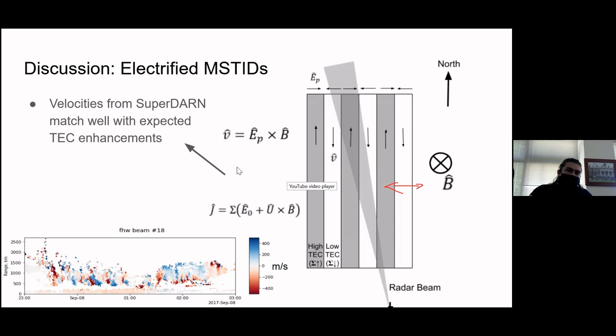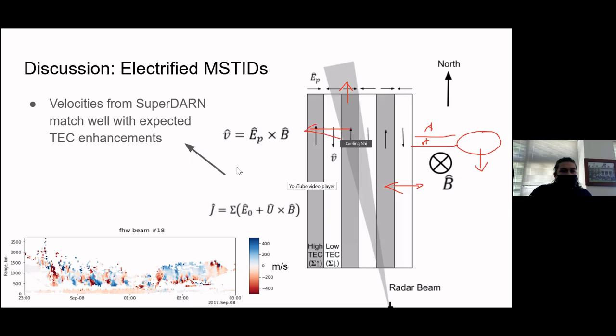What I really want to say is that there are also cases such as the mid-latitude trough, with high TEC northward and low TEC in the trough. Even without the trough, you probably have high TEC due to the aurora region and particle precipitation, and low TEC at the sub-aurora region, which can also cause a polarization electric field in the opposite direction, and it can cause this kind of drift.